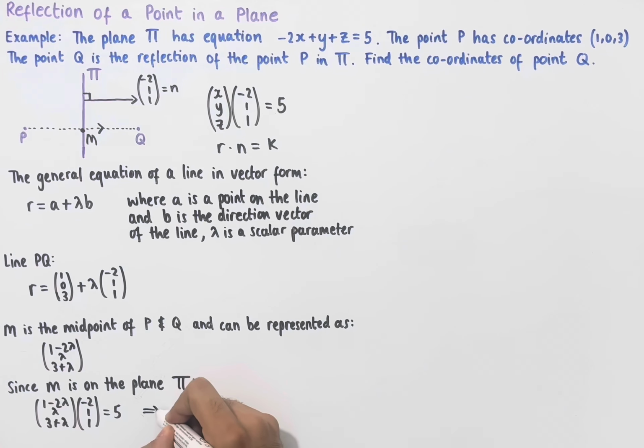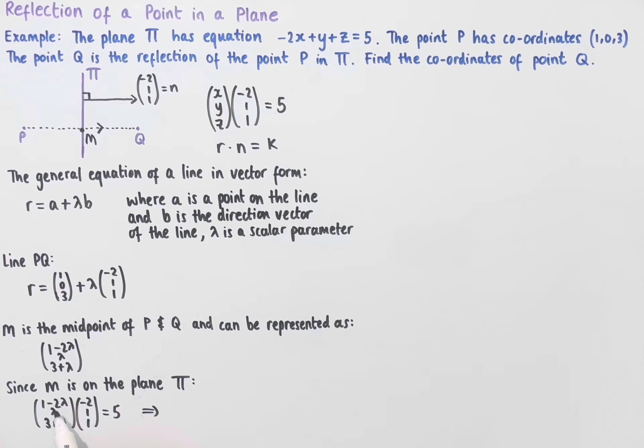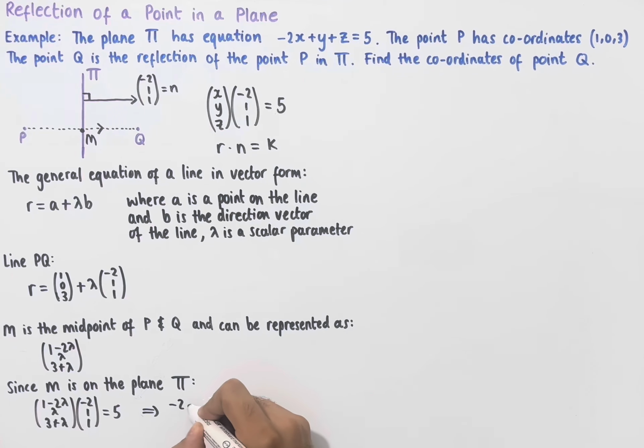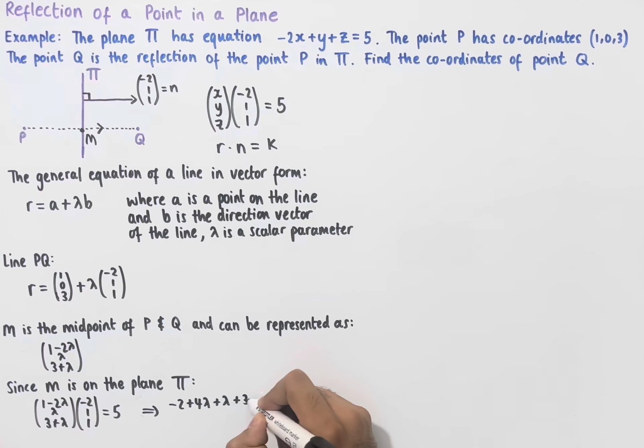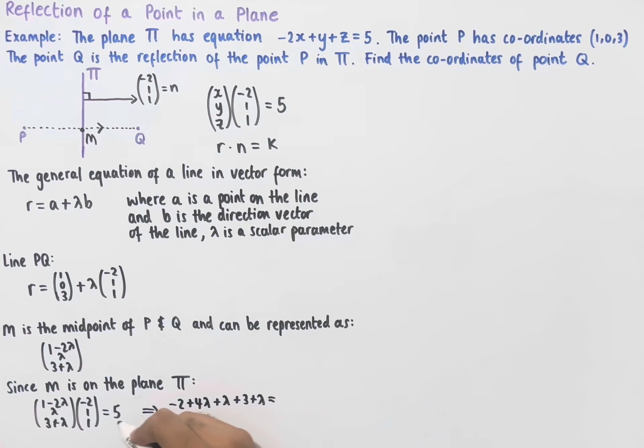And so if we use the dot product, we have 1 minus 2 lambda multiplied by minus 2, which gives us minus 2 plus 4 lambda. And then we have lambda times 1, which is plus lambda. And then we have 3 plus lambda times 1, which is plus 3 plus lambda. And this equals 5.